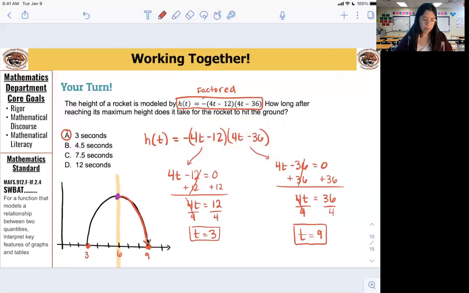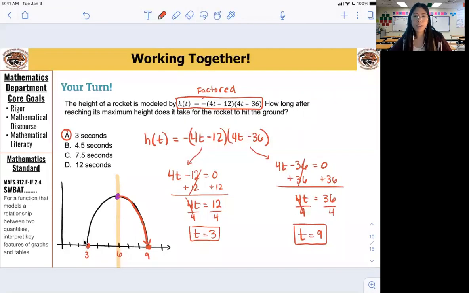How long is the rocket in the air for in total? So 1, 2, 3. In total, how long is it in the air? Not 12 seconds. 6. Is it 6 seconds?